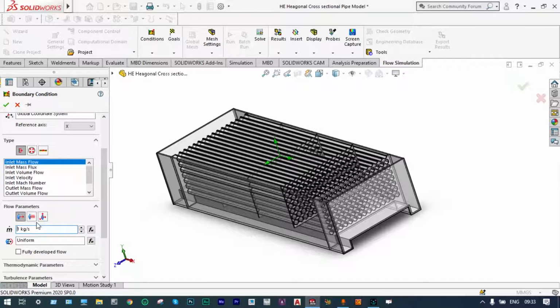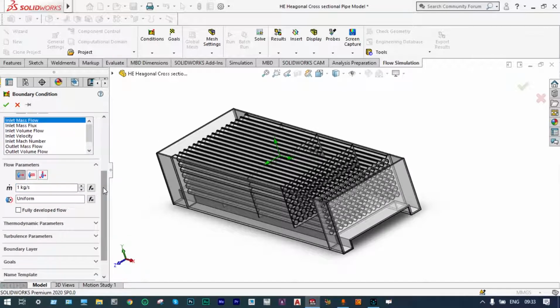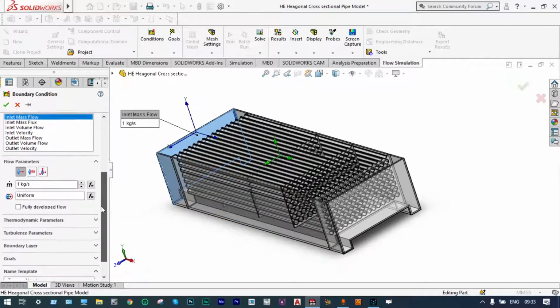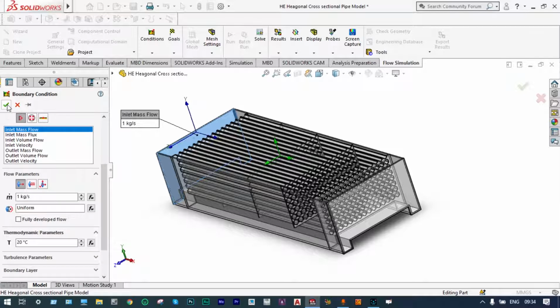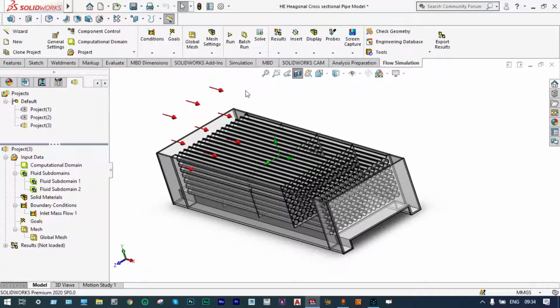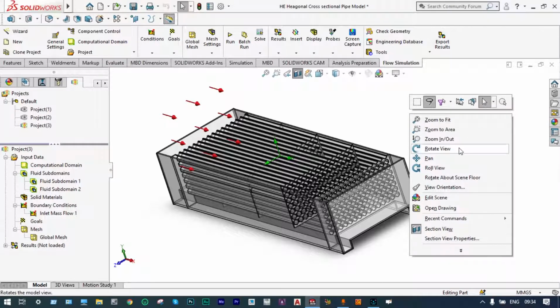Mass flow rate will be 1 kg per second, and thermodynamic parameters as mentioned before, it will be 20 degrees centigrade water, right? So first boundary condition, let us say the thermodynamic parameter is 20 degrees centigrade and it will be water. Green check.